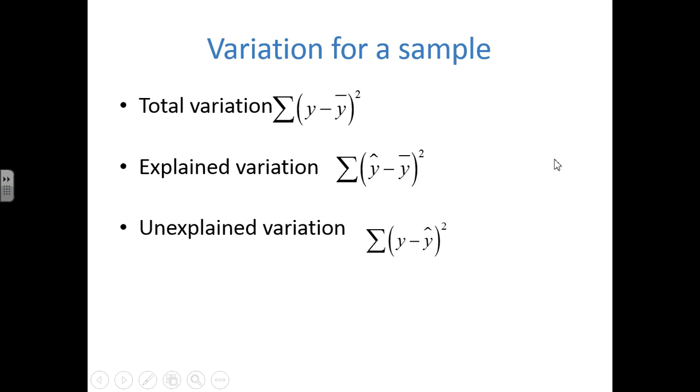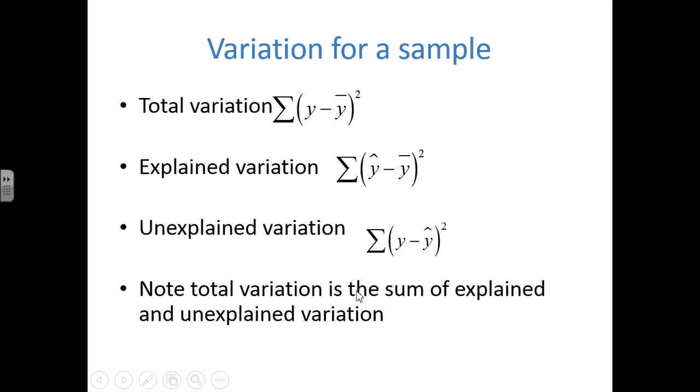Square those values, sum them up, and you will get the unexplained variation for the entire model. Note, total variation is the sum of the explained and the unexplained variation. This total variation is equal to this value plus this value.